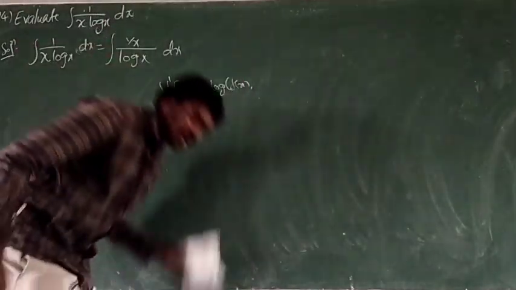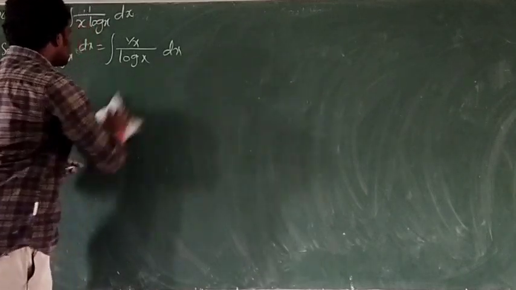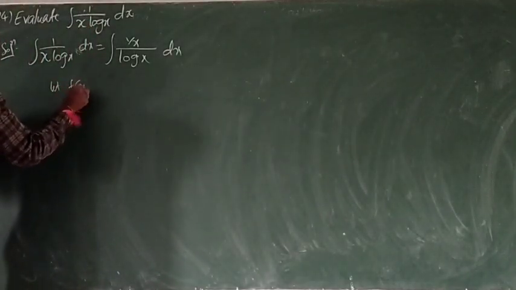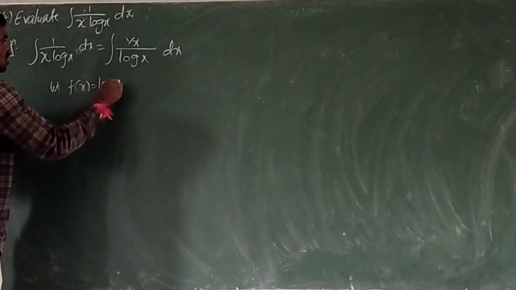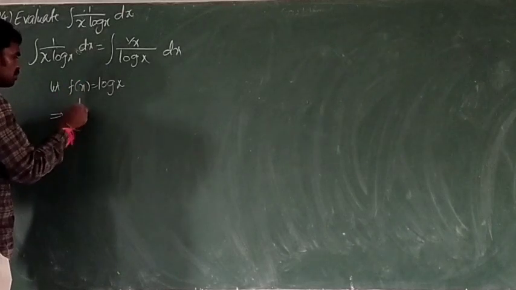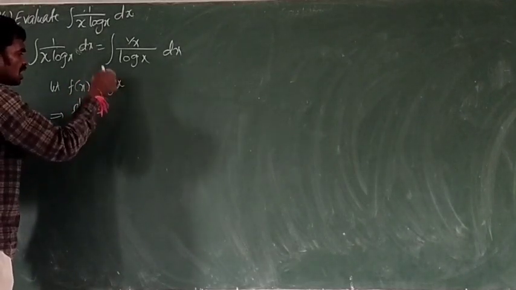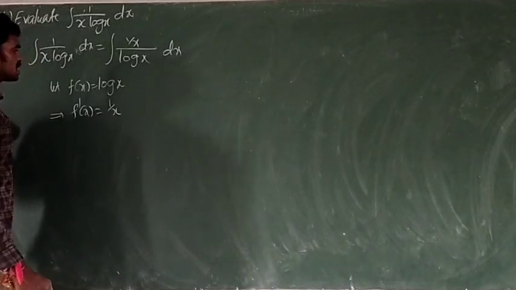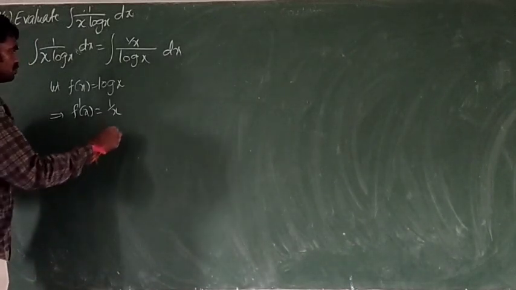Now in this we have some more problems. First step, let f of x be equal to log x, and immediately I am writing the derivative: f dash of x is the derivative of log x, which is 1 by x.